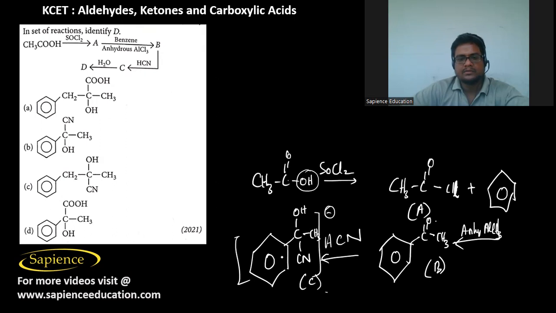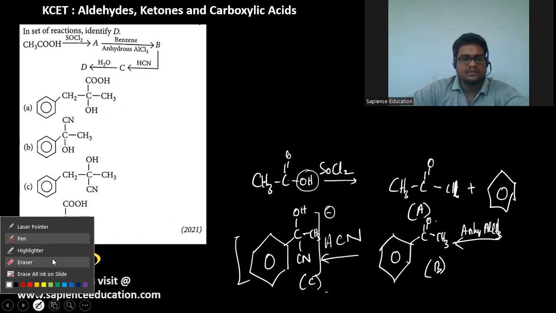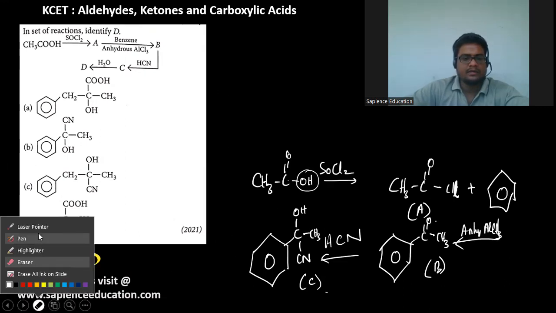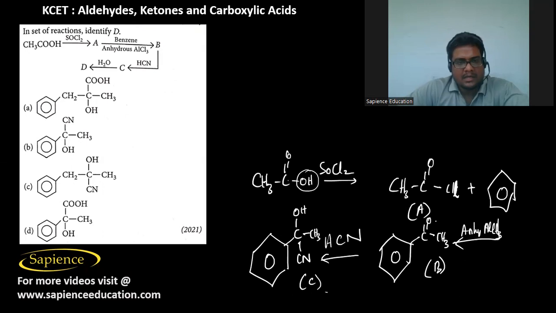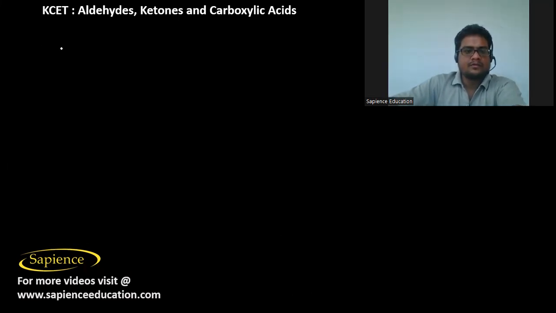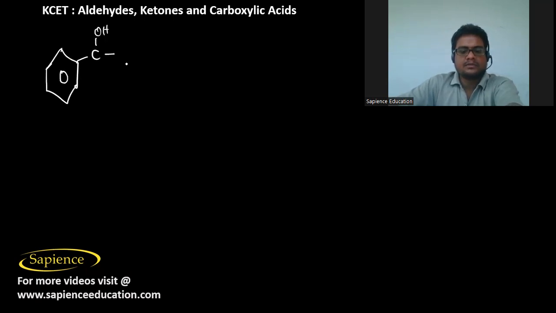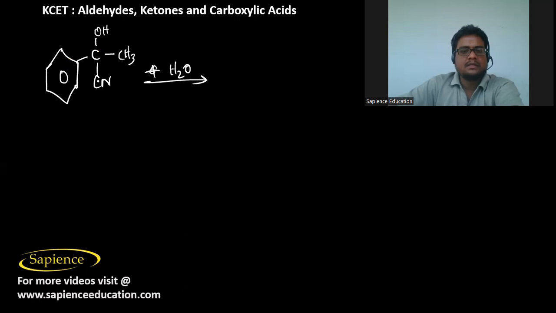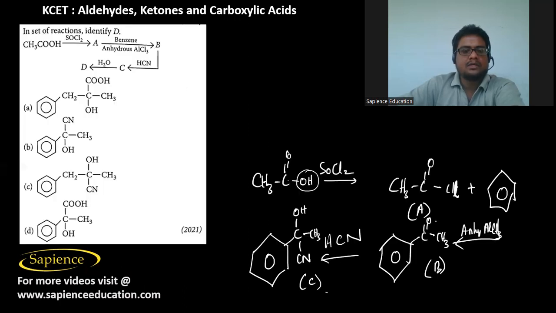This is the compound C, and when this compound C, which is C(OH)(CH3)CN, reacts with H2O, when it is hydrolyzed, then this cyanide will be converted to the carboxylic acid.